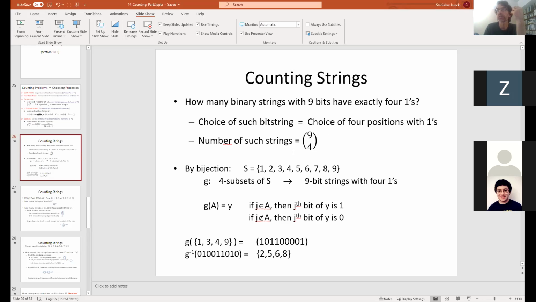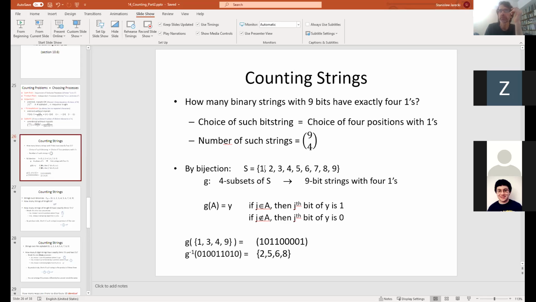This, by the way, is also something called the characteristic string of a set. We used it in the previous lectures. For another example, there is a natural correspondence between subsets and bit strings. Any subset can be represented as a bit string that has a 0 if that index is not taken.